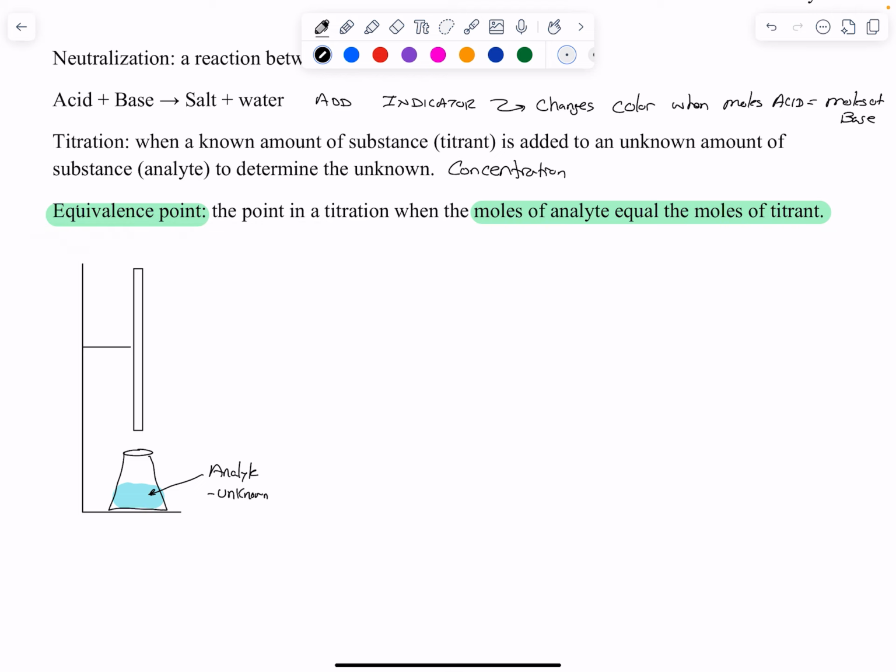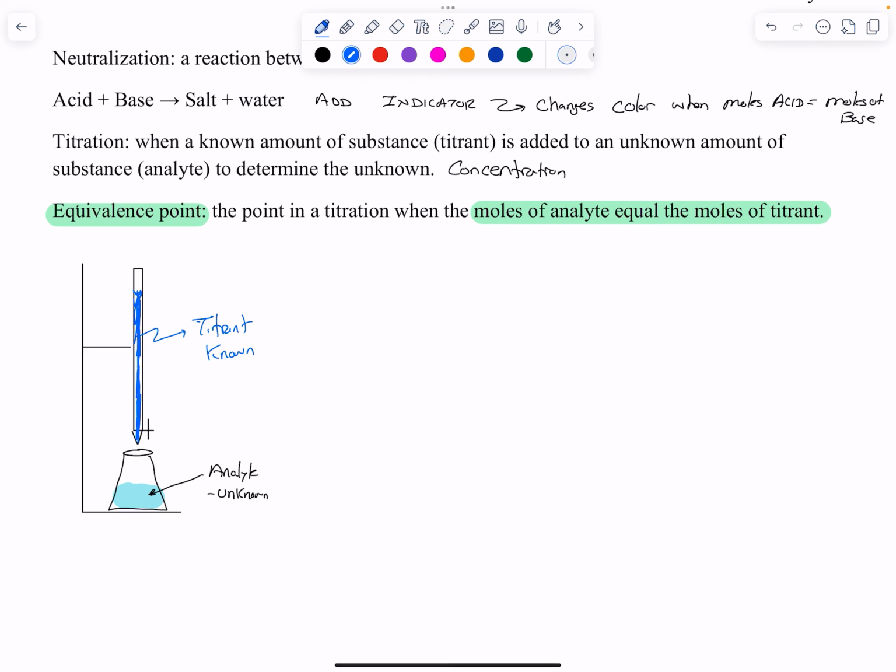You have something that looks somewhat like this. It has a tip on it. It has something to open. And this would be full of something. I'm not going to be able to do the line. It's not letting me do a line. We'll just do it this way. It's full of something, and this is the titrant. We know this.